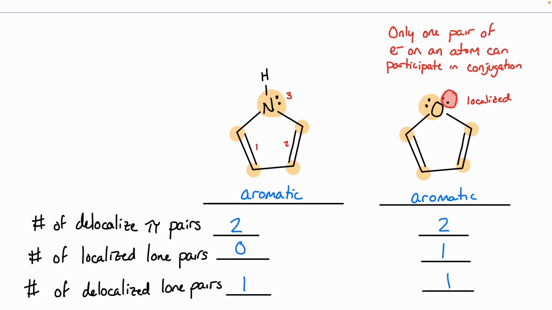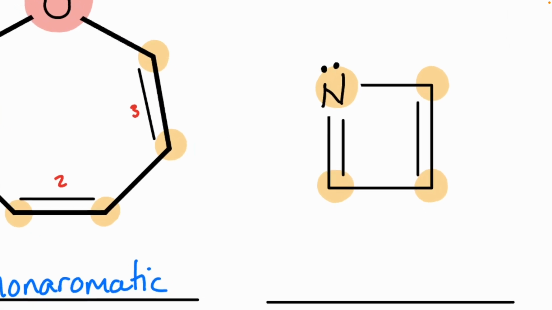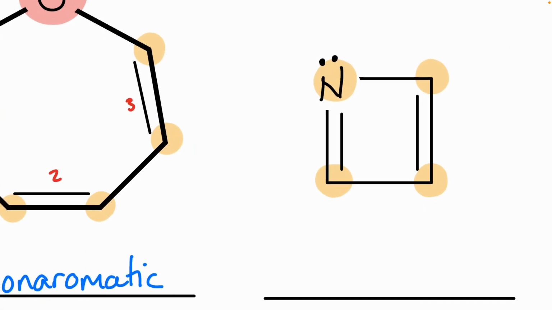Only one pair of electrons on an atom can participate in conjugation. This nitrogen already has a pair of electrons participating in conjugation. It cannot possibly lend that lone pair to the ring as well, right? It's already got a pair of electrons in a p orbital, so it doesn't even have the option of putting that lone pair in the ring.